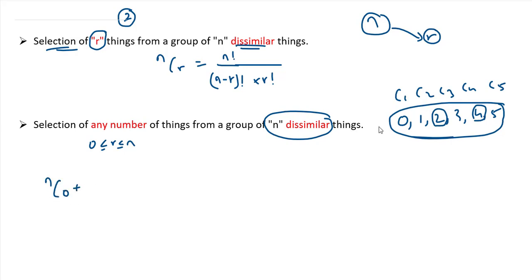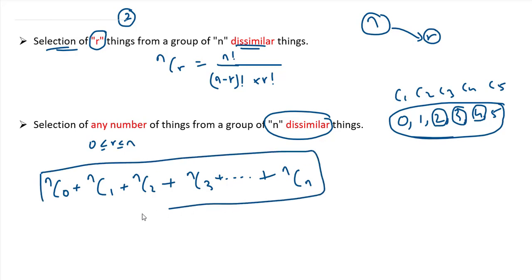Then had you decided to select only one thing, this can be done in nC1 ways, or you could have decided to select only two things, so this could be done in nC2 ways, or you could have decided to select three things, this could be done in nC3 ways, and so on and so forth up till nCn ways.